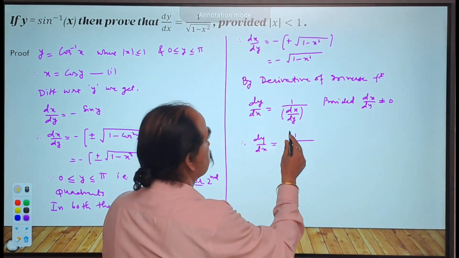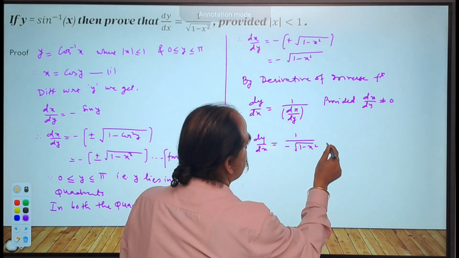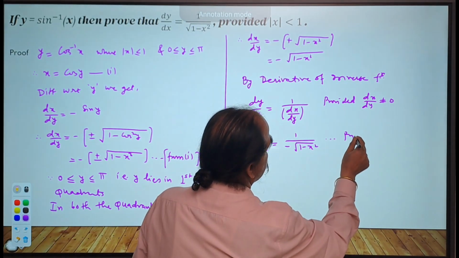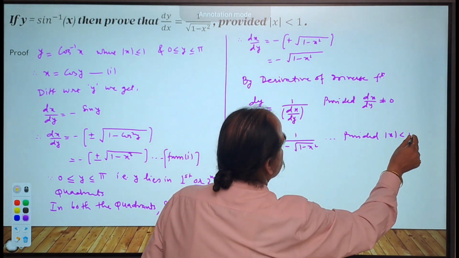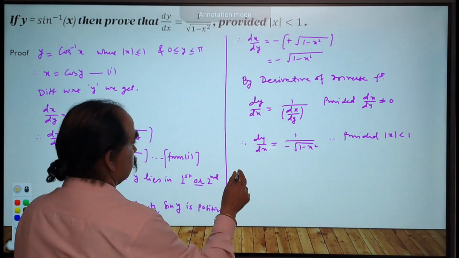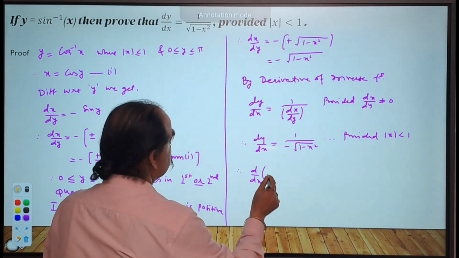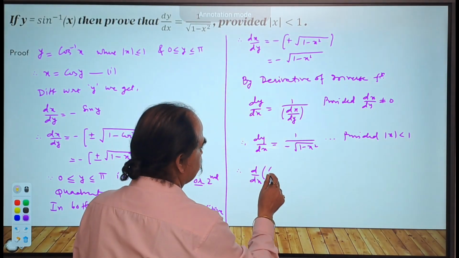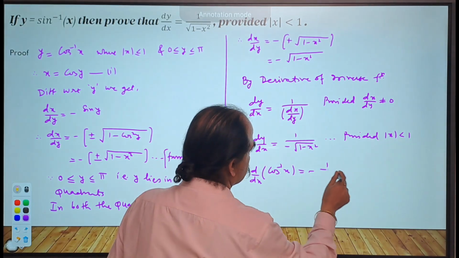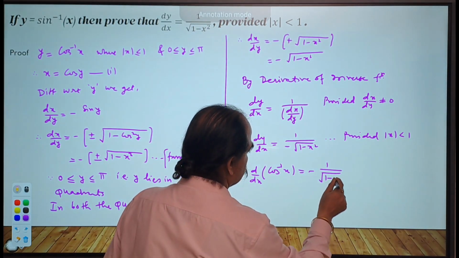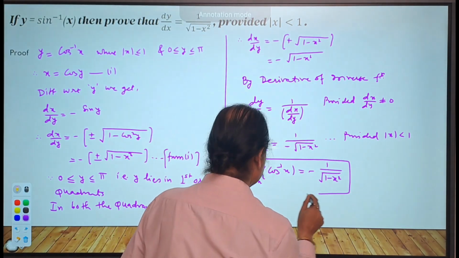So dy by dx is 1 upon minus root, provided modulus x less than 1. Therefore, this is the derivative of cos inverse x.